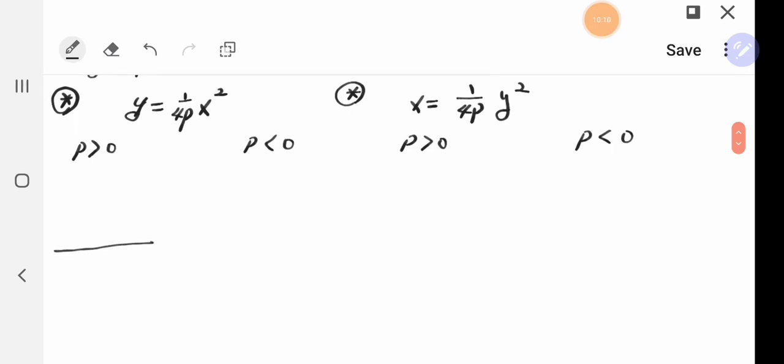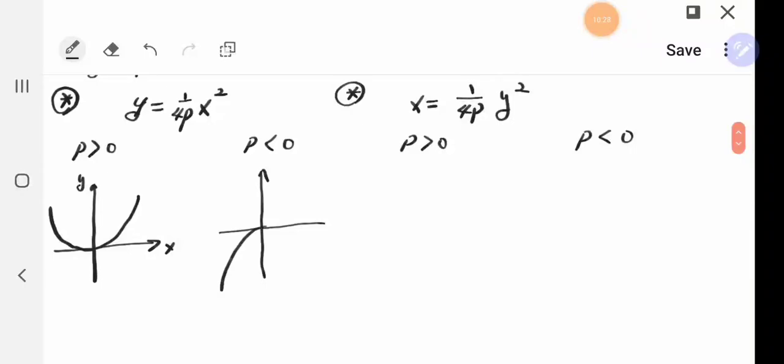If p is positive, then the graph opens upward like this. If p is negative, then the leading coefficient is negative, so it opens downward, like this.